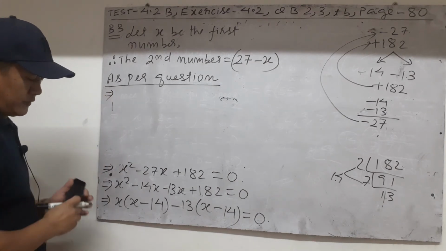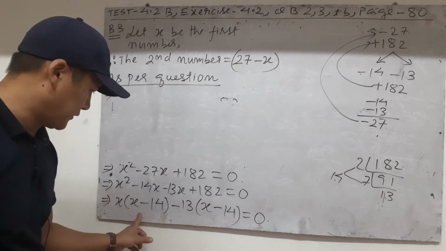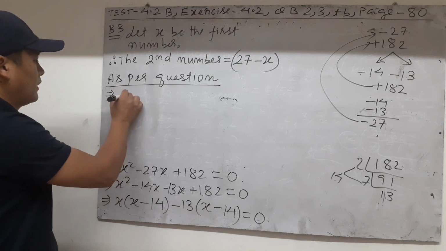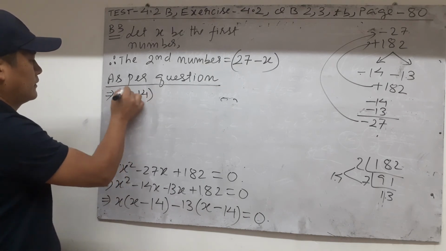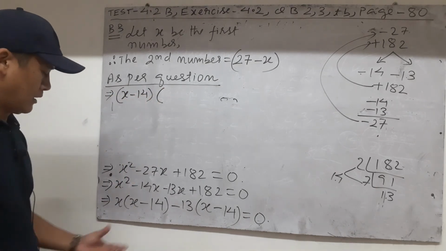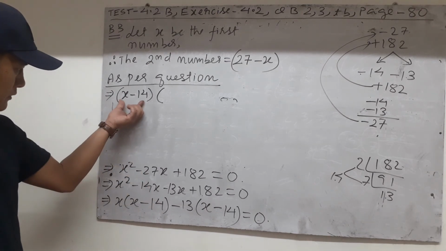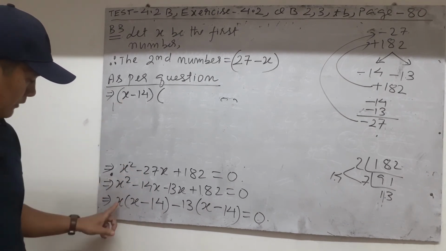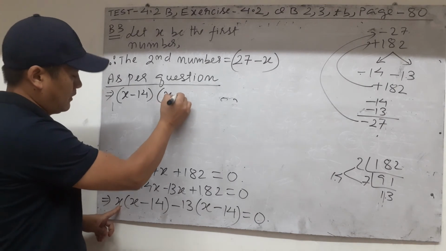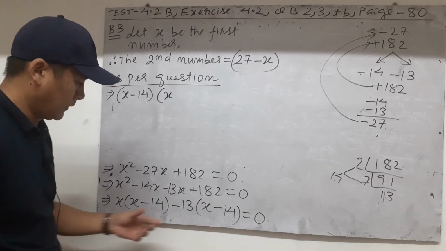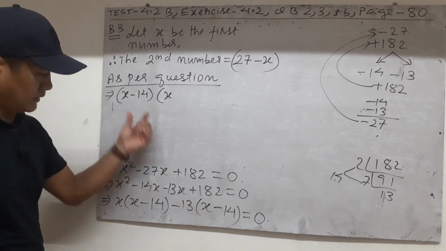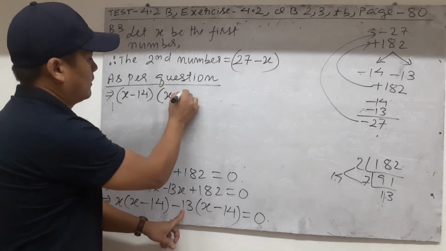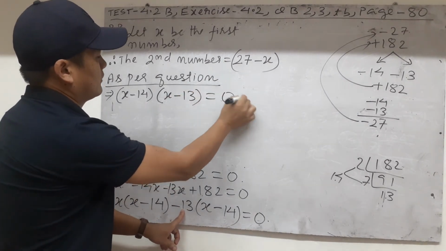Next, I'm not going to need this part anymore, so let me just continue here. The common factor between these two terms is x minus 14, here also x minus 14. x minus 14 goes outside this new bracket. Since this has been taken out, inside will be x. Then next, x minus 14 outside, so inside will be this one left, minus 13, is equal to 0.